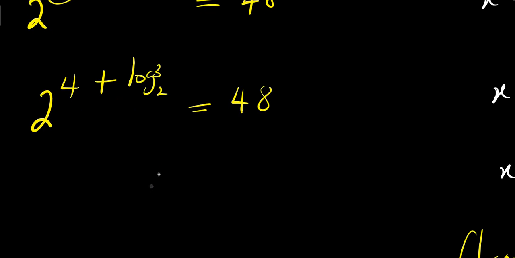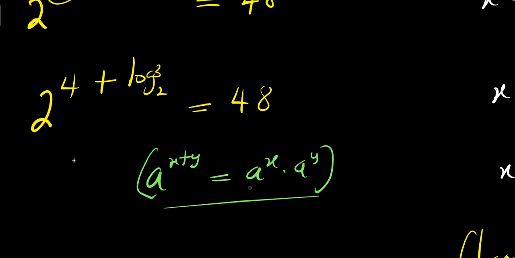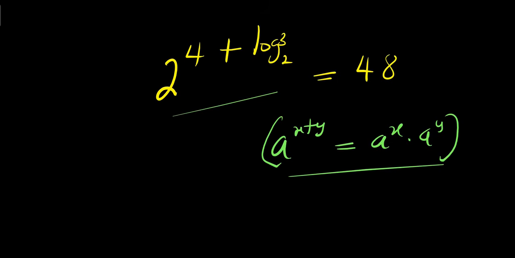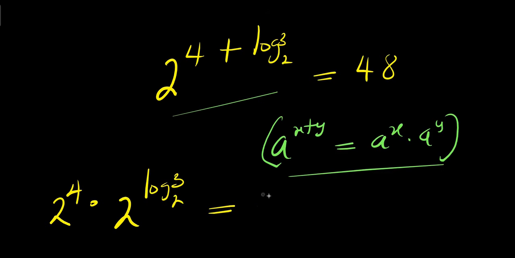Now, if you have a power x plus y equals a power x times a power y, applying this right here, I have 2 power 4 times 2 power log 3 to base of 2 equals 48.